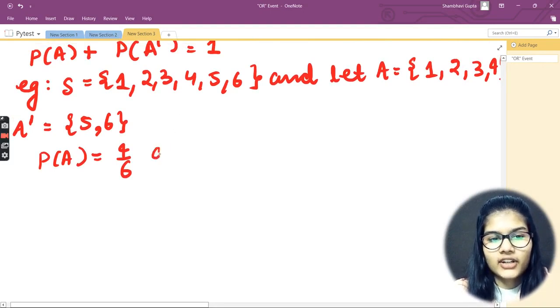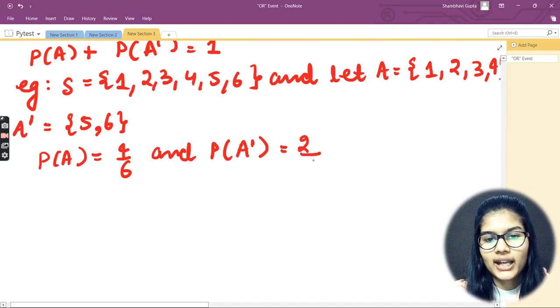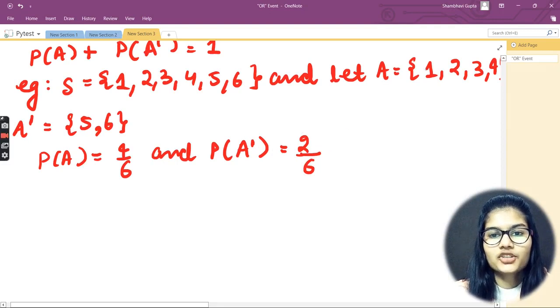And the probability of A prime will be 2 by 6. How come 2 by 6? Because in A prime we have only 2 numbers, but the real sample space has 6 numbers in total, so it is 2 by 6.